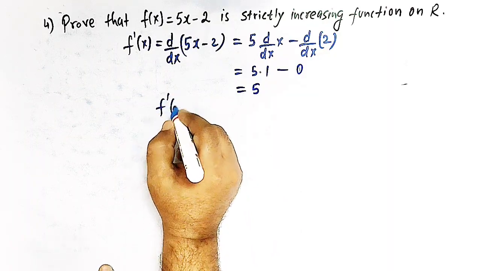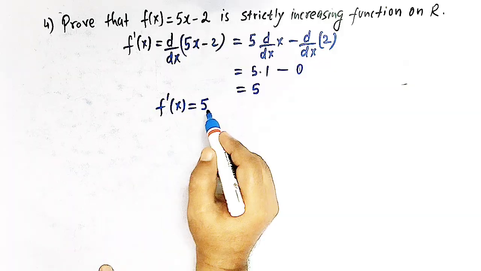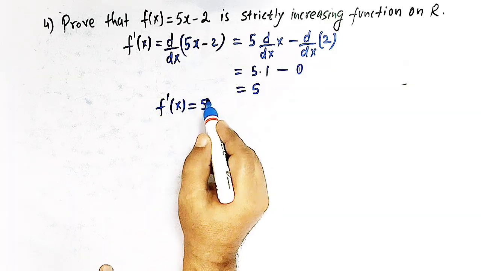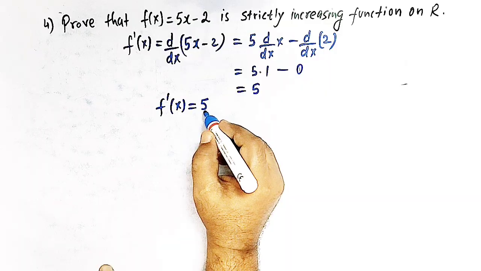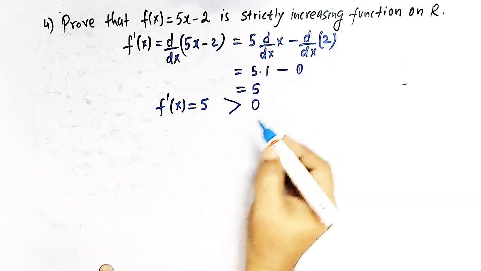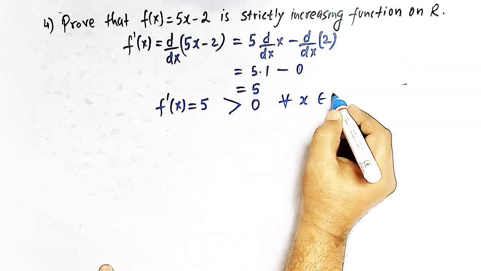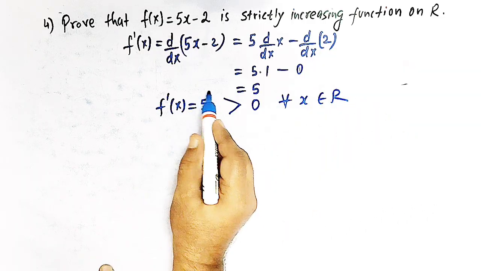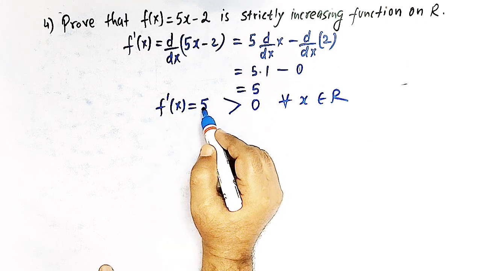So here we have f prime of x is equal to 5, and from here we can see that the derivative is independent of x. So f prime of x is always going to be greater than 0 for all x belonging to R, because the derivative function is independent of x.